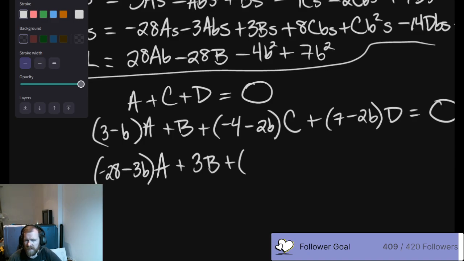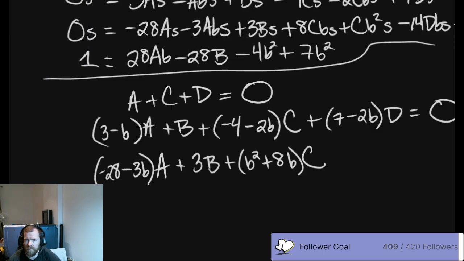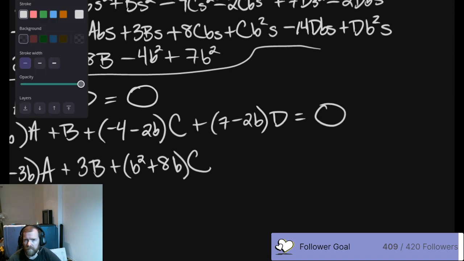This is b squared plus 8b times our c. And then plus parentheses b squared minus 14b all times d is equal to 0.